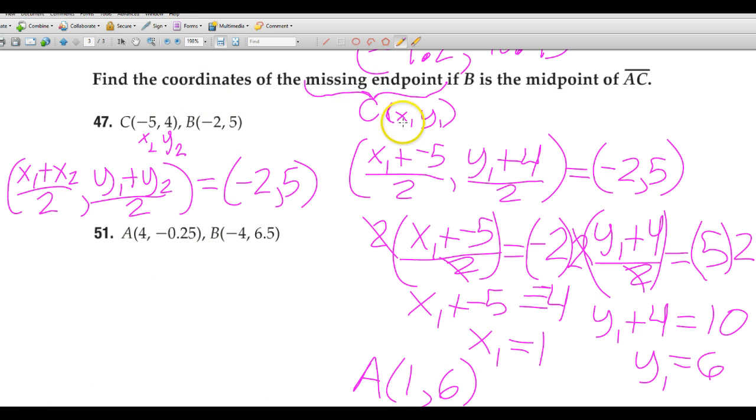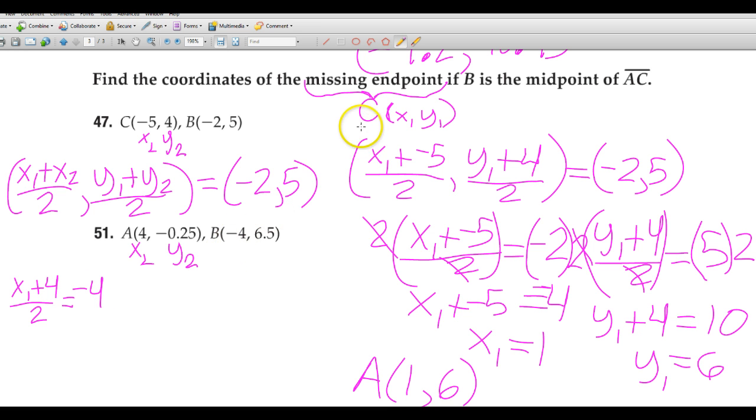Okay, so this time we're looking for our missing endpoint is C because we have A. So we'll call A this time x2, y2. And we'll go straight to our 2 equations. So we're going to take x1 plus x2. So x1 plus 4 divided by 2 is equal to the x-coordinate of the midpoint, -4.